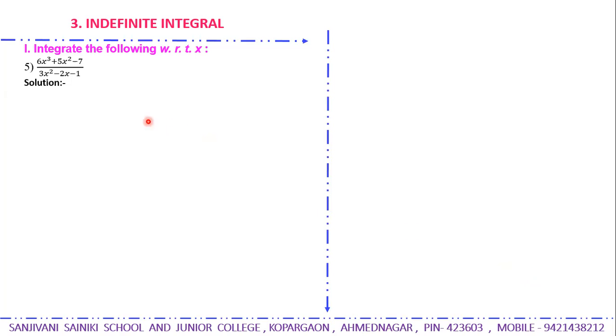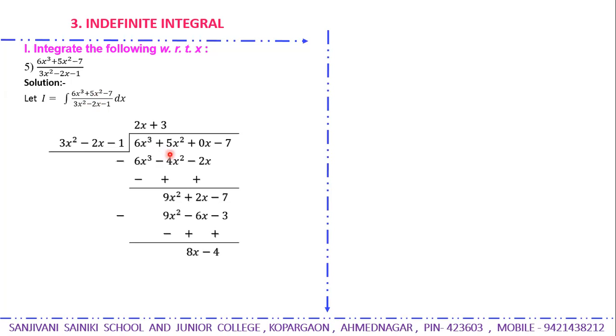Now problem number 5. Here it is clearly not a proper rational function. Why? Because the degree of the numerator is more than the degree of the denominator. So we have to actually divide the numerator by the denominator. This is the procedure to divide.